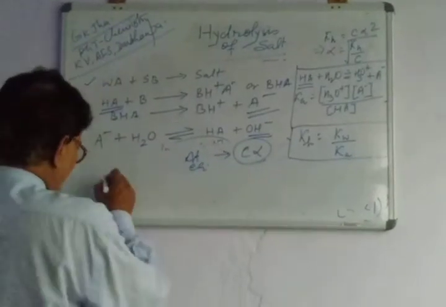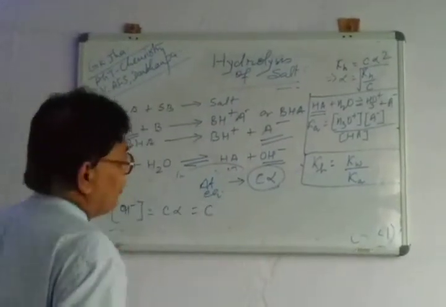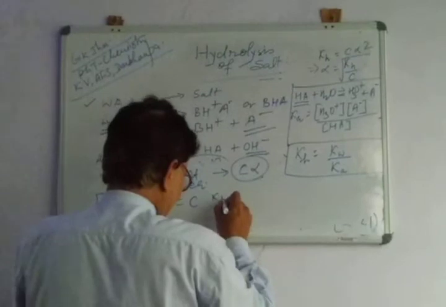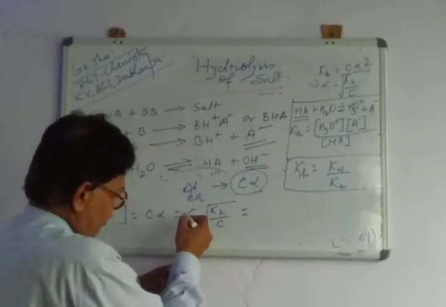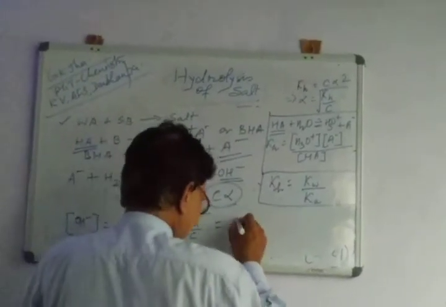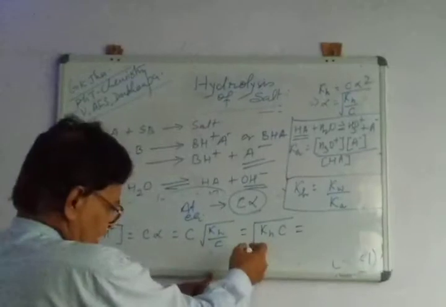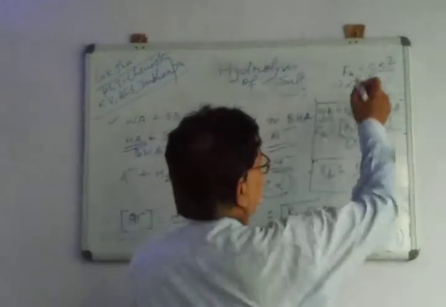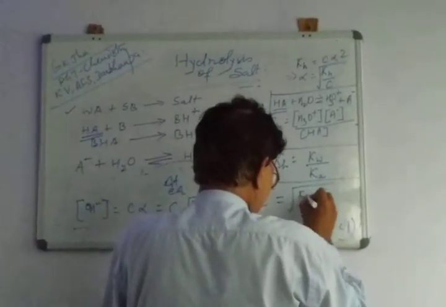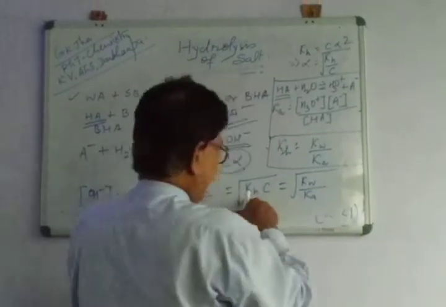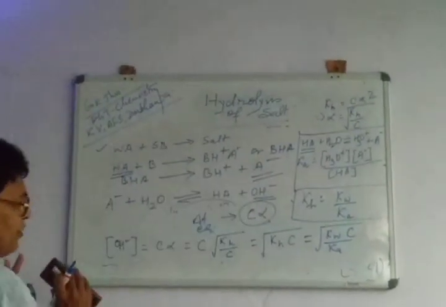Therefore, the OH minus concentration will be equal to C alpha, that is C into the square root of KH by C. Now root C will cancel, root C will be left, that is the square root of KH into C. Now this KH is equal to KW by KA, therefore we can write KW by KA for this KH, and this is C. So this is the expression for OH minus.